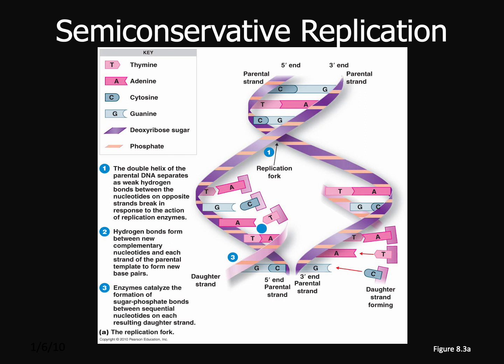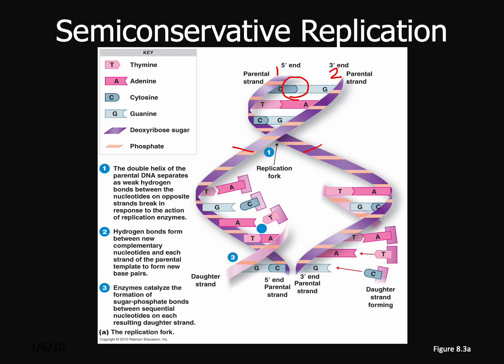But before we can even begin replicating DNA, remember that DNA is a double-stranded molecule. So how are we going to get to these nitrogenous bases that are locked away in here? First, double-stranded DNA has to be separated into two single strands. So this is a double-stranded strand up here. We have 2 strands, and we're going to separate it into these 2 strands down here.